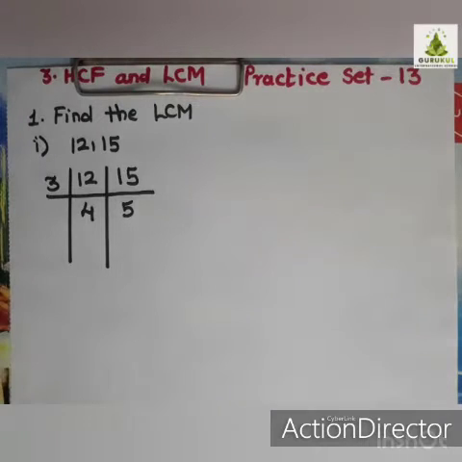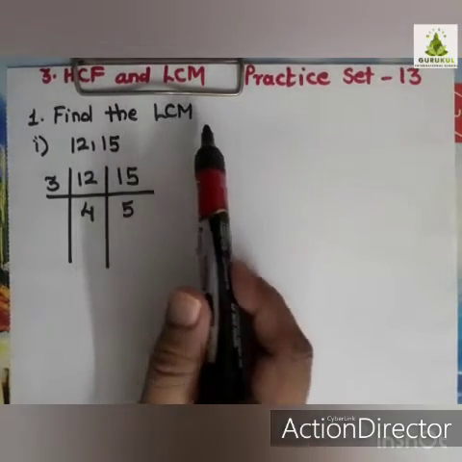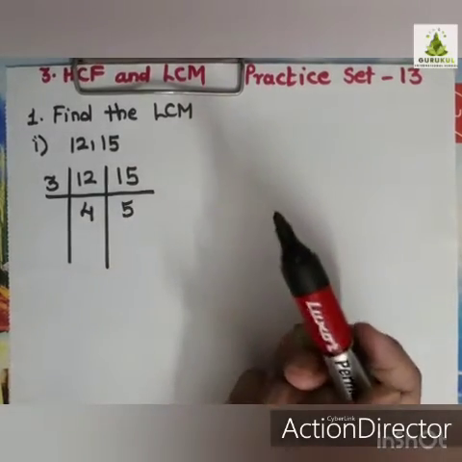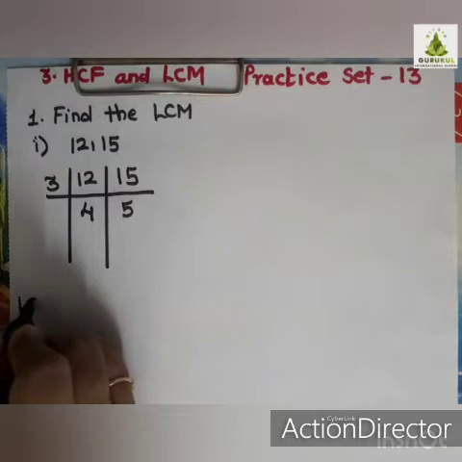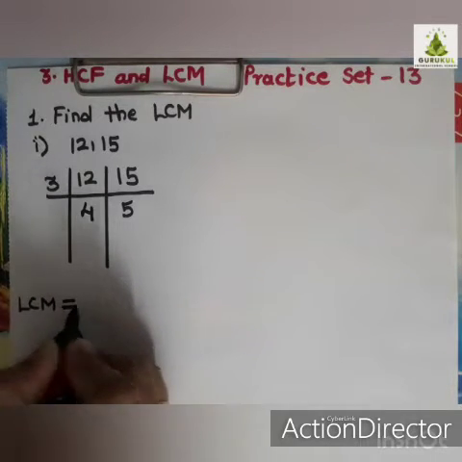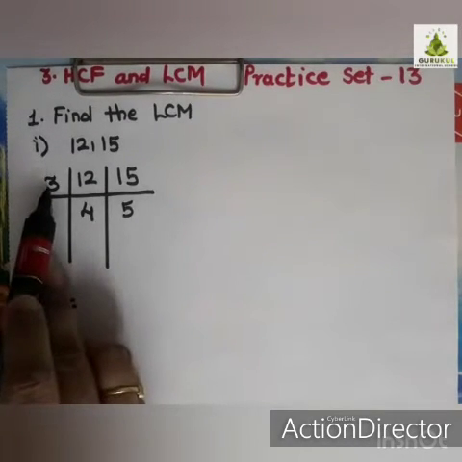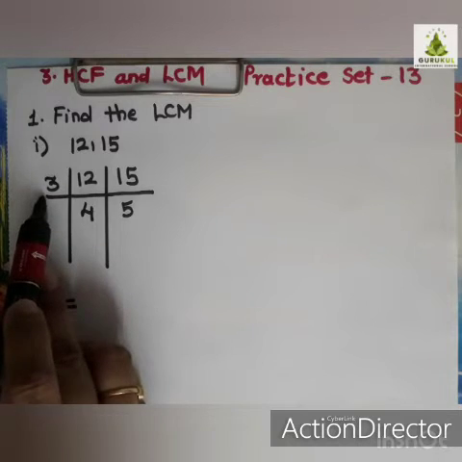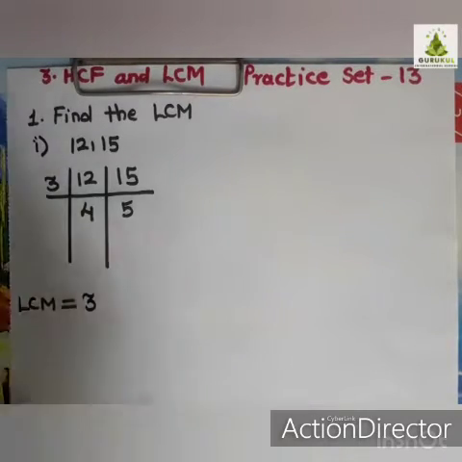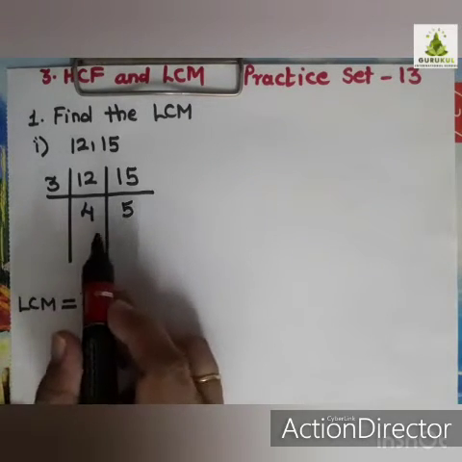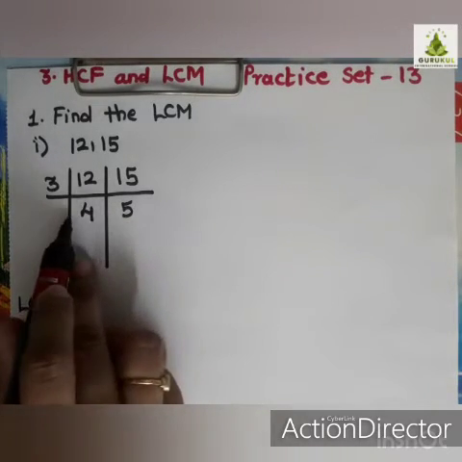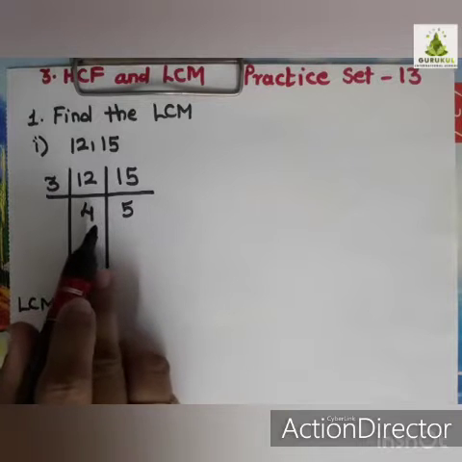But now we don't have to find the HCF. We have to find the LCM. What is the method to find the LCM? LCM is equal to, we write the first factor, which is over here, that is the HCF, and the two numbers at the bottom, the last ones, where you can't do the division further.